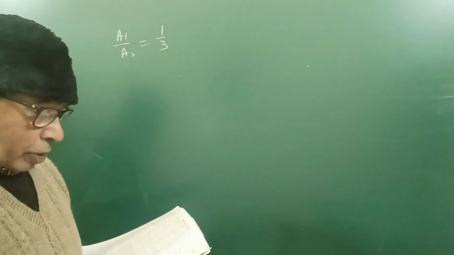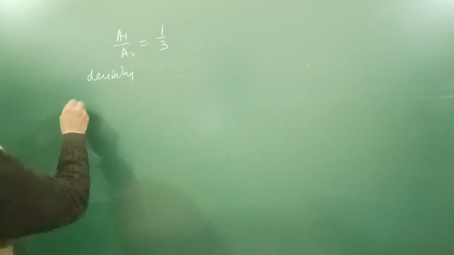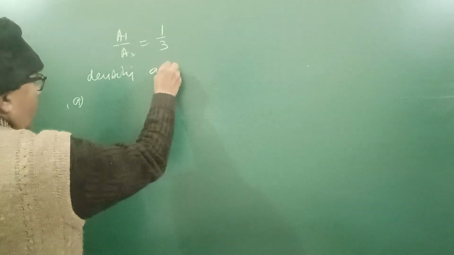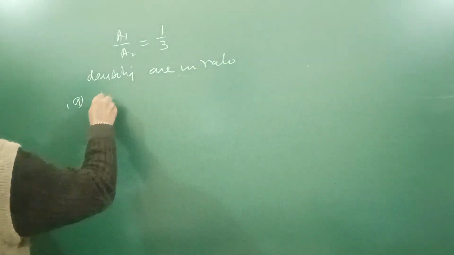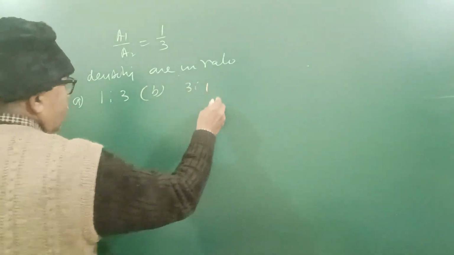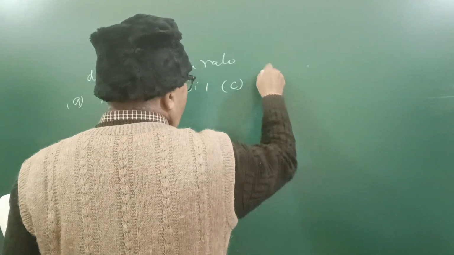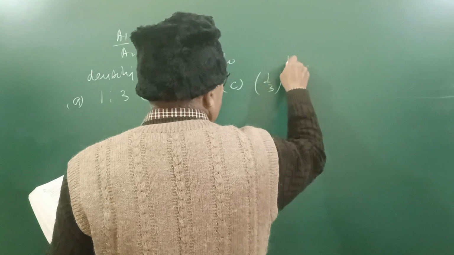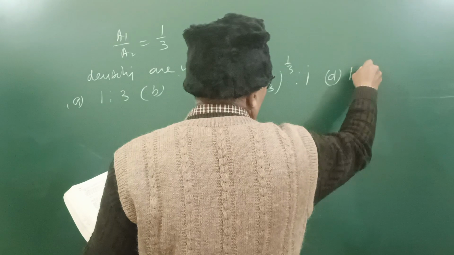You are asked the ratio of their nuclear densities. Options: A, 1:3; B, 3:1; C, 1/3 to the power 1/3:1; and D, 1:1.